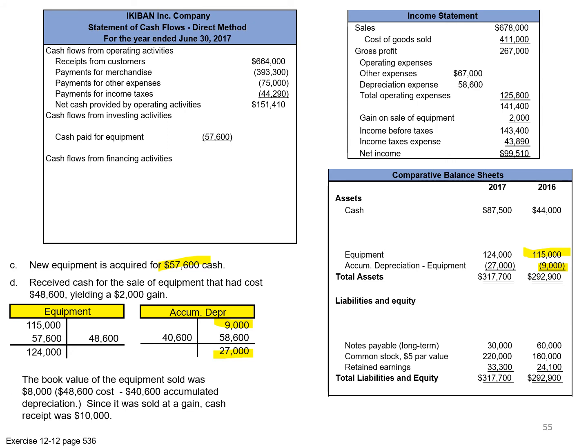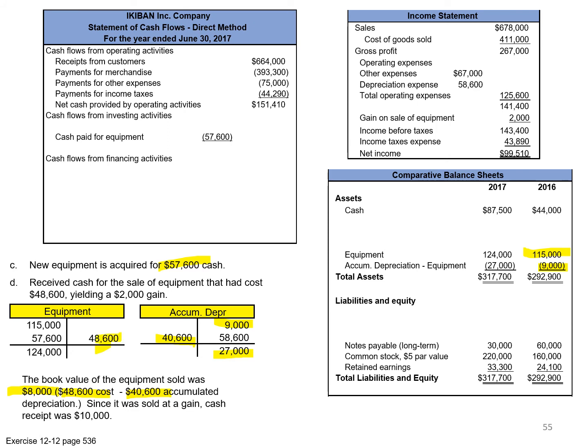Here's the information they give us. So the book value of equipment was $8,000 that we sold. It had a $48,600 cost and it had $40,600 of accumulated depreciation. So 40,600 we're going to remove from our books. The cost of 48,600 going to remove from our books.